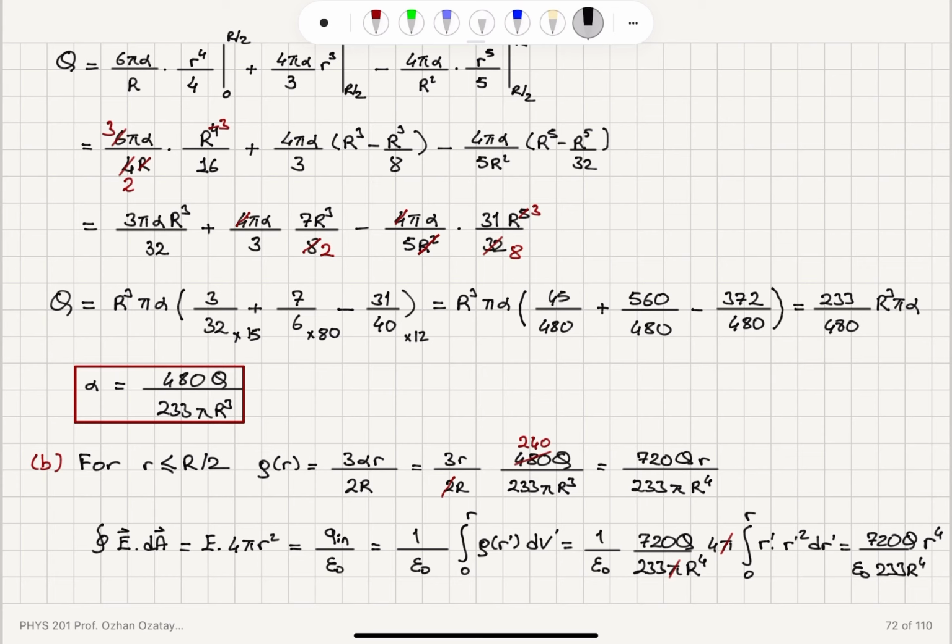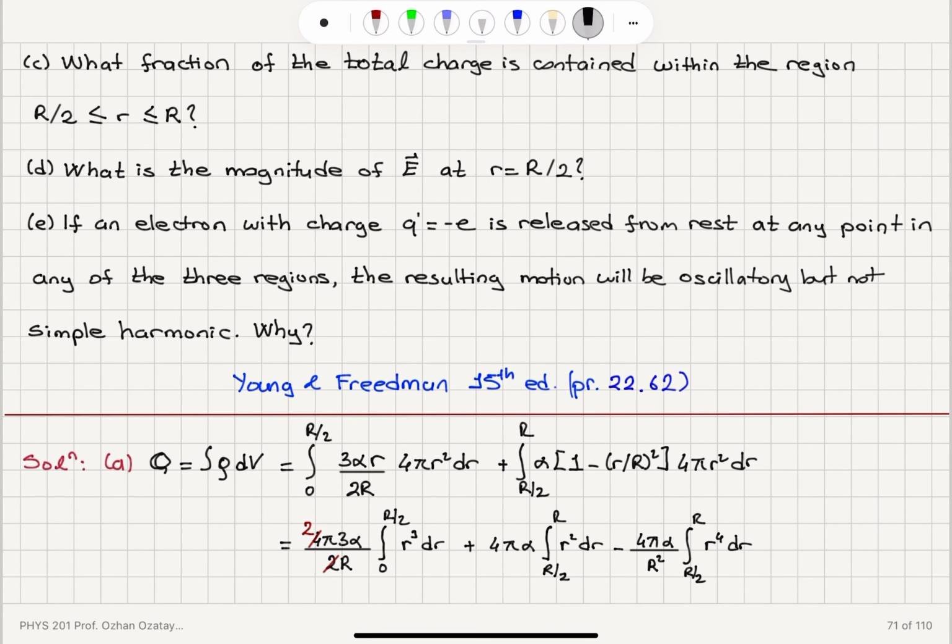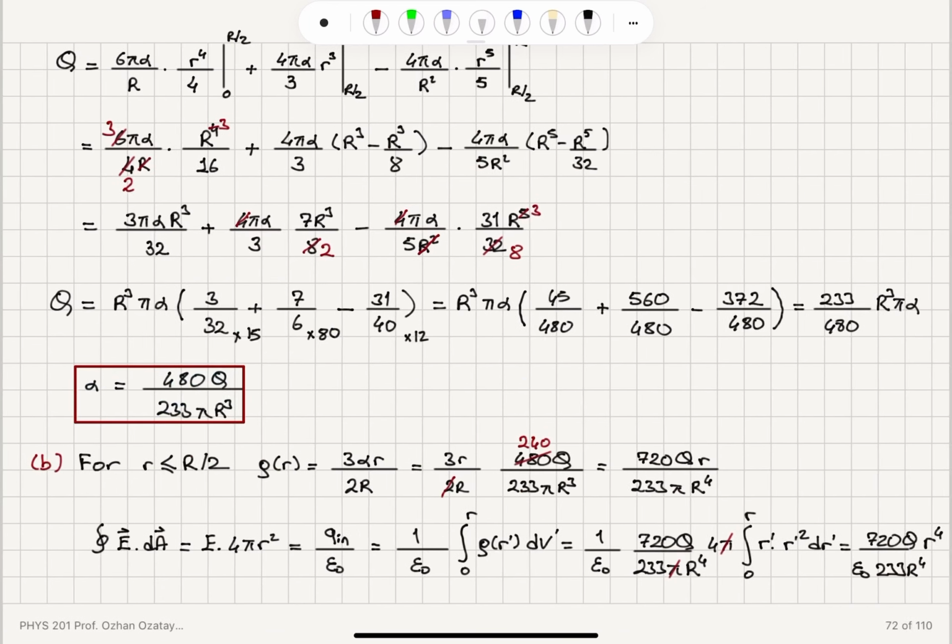The total Q is found by the integral of rho dV. So between 0 and capital R over 2, we have this integral, and that integral gives us this result, which is 45 capital R cubed pi alpha over 480.